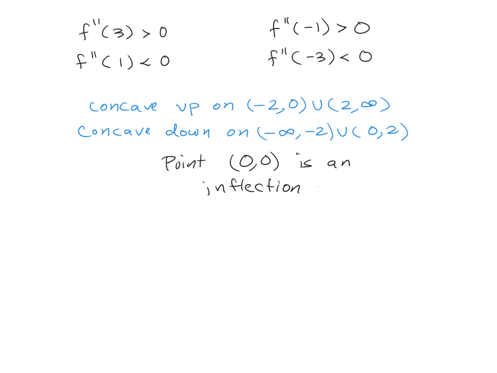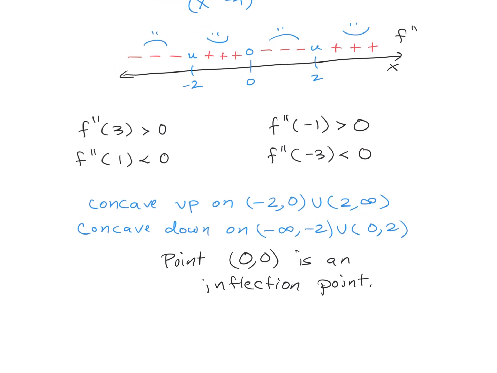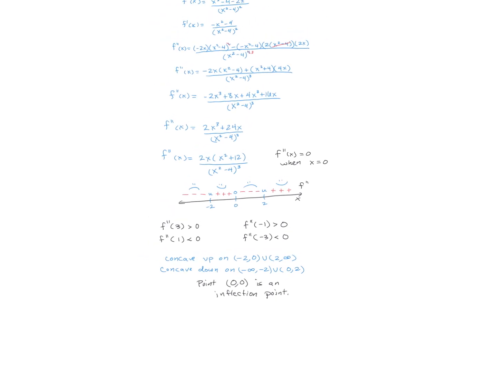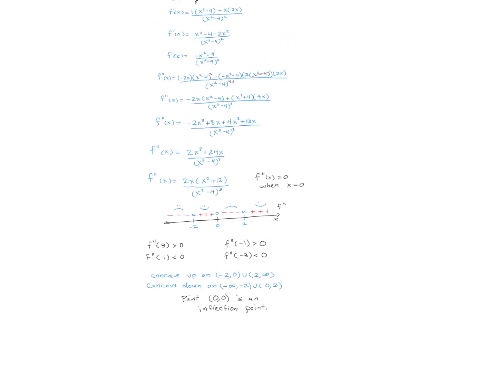Because again, it is on the graph of the function, and it's a location where the concavity changes from concave up to concave down. So we've done a full analysis of our second derivative, and we now know when our function is concave up and concave down.